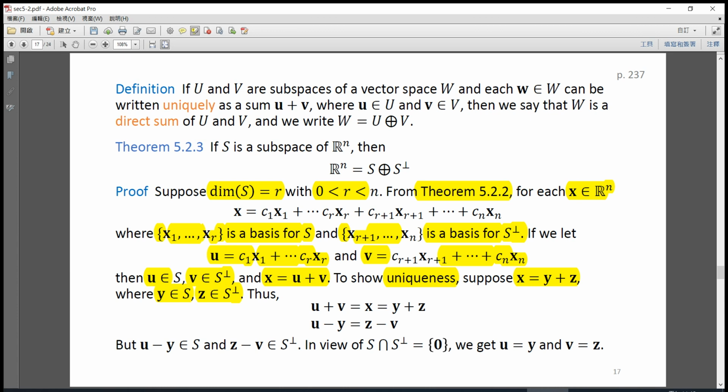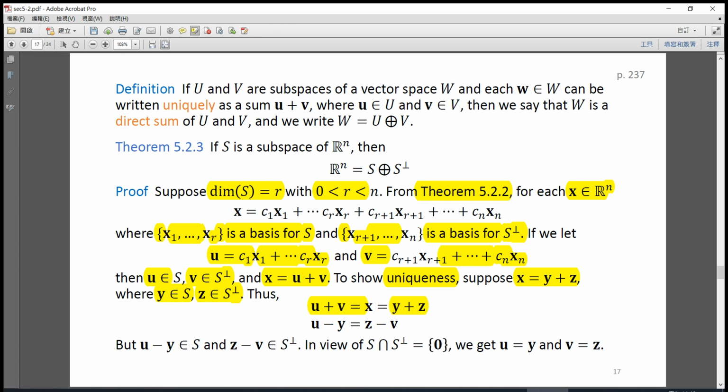If we can show y equals u and z equals v, then the uniqueness is proved. To this end, we consider x equals u plus v equals y plus z.